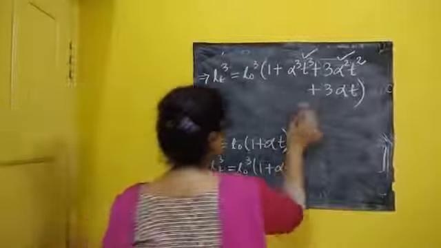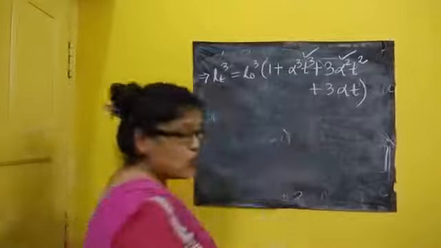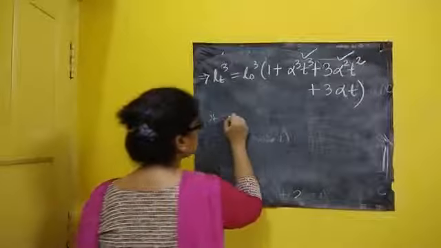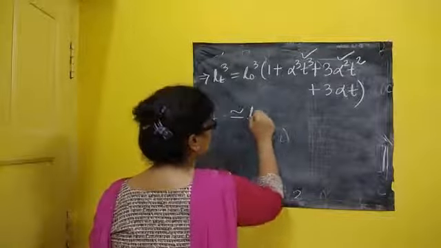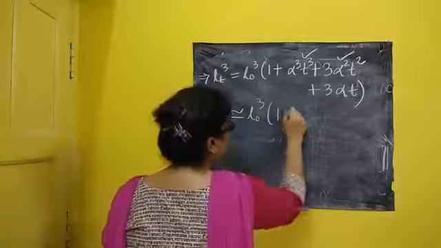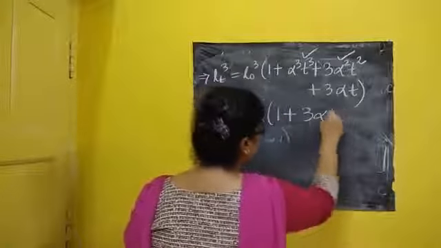Neglecting them, approximately I will get L0 cube into 1 plus 3 alpha t.